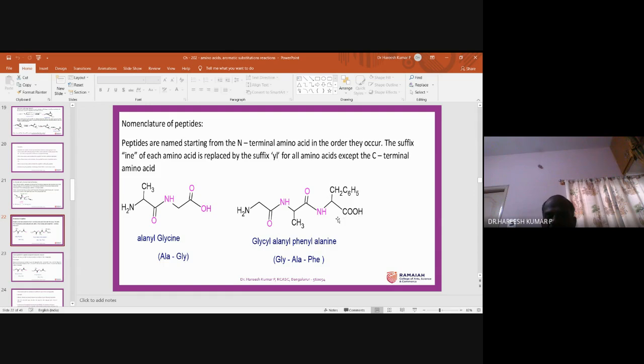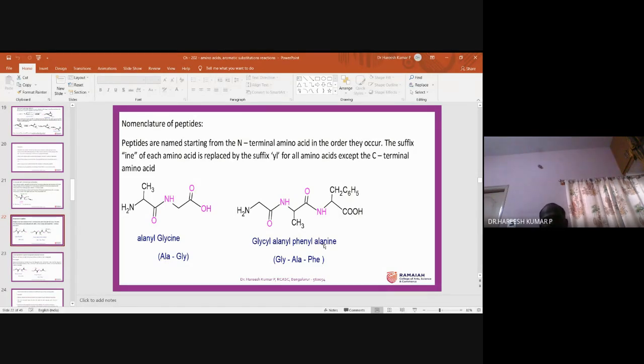And the C terminal end you write as such, phenylalanine. So the name of this tripeptide is glycyl alanyl phenylalanine. In terms of symbol, GLY is glycine, ALA is alanine, PHE is phenylalanine.